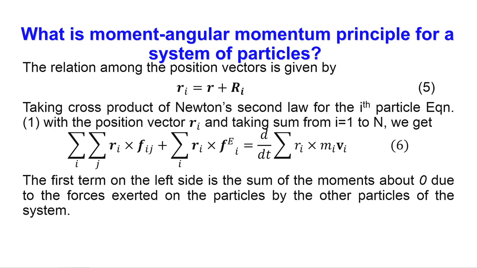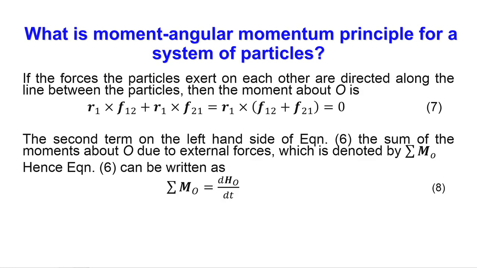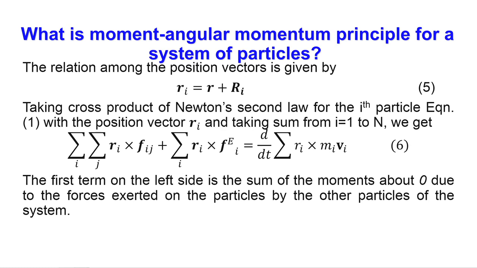Now, how do we simplify this equation 6? Actually, r_1 cross f_12 plus r_2 cross f_21, if we simplify, the first term, sigma i sigma j of r_i cross f_ij, becomes 0, because for action and reaction their moments are equal and cancel each other.